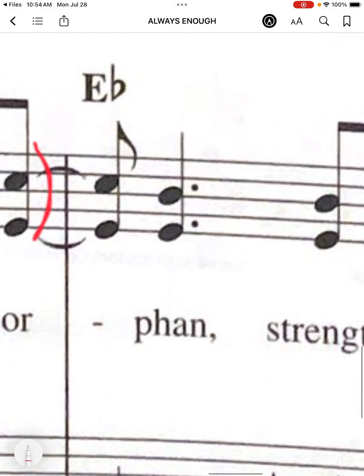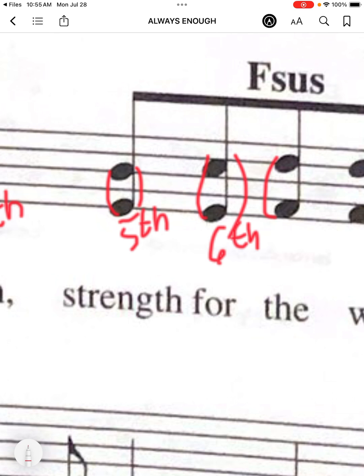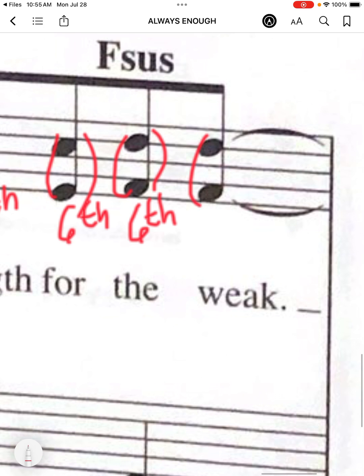For this one, it would be a 6. And then the 5th, because E5, B5 makes it perfect 5th in that situation. And then this one is a 5th. This one is a 6. A 6 on this one, F and D. And then a 6.